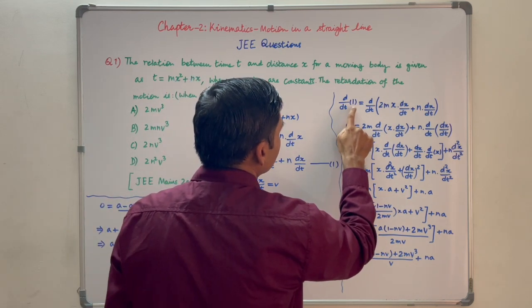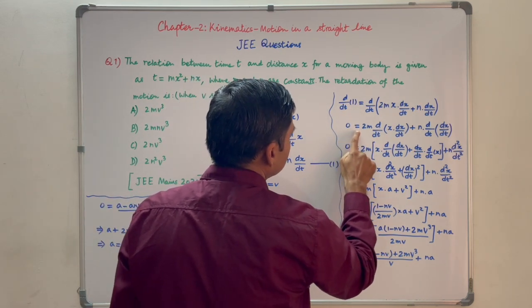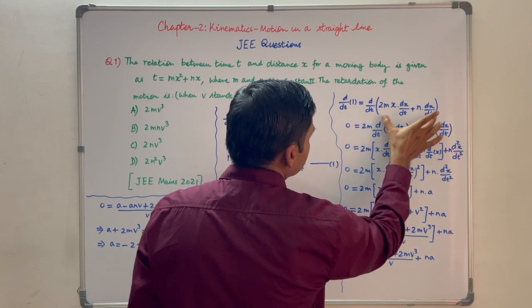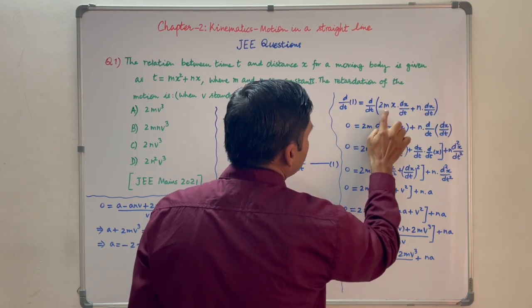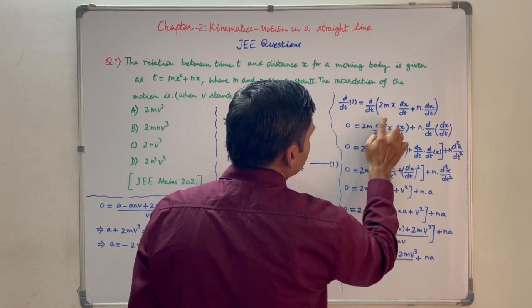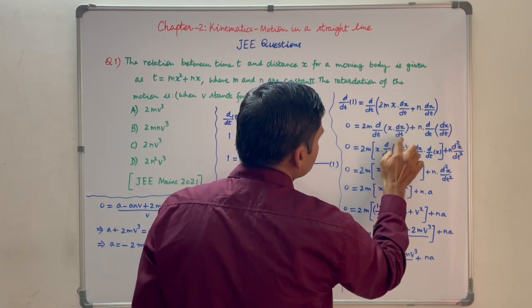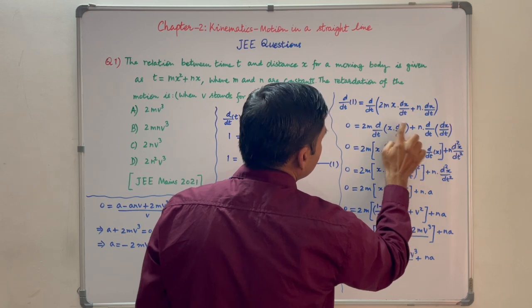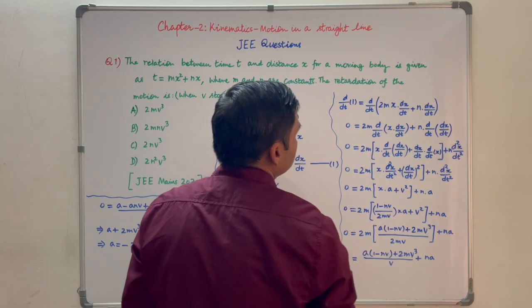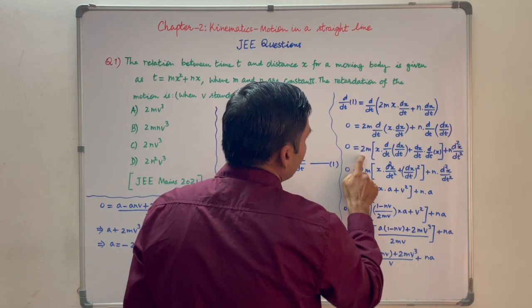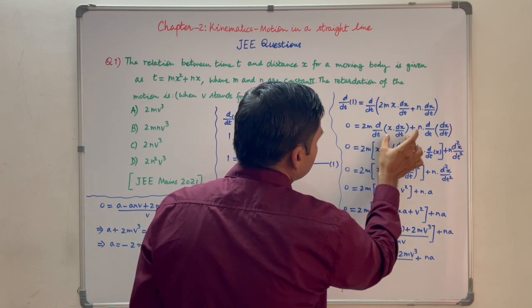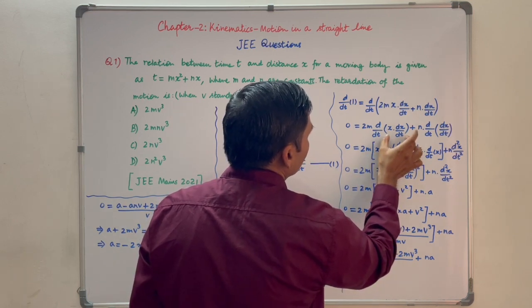So d by dt of constant is equal to 0, which is equal to, now use distributive property again to open this bracket. So it will be 2m d by dt of x into dx by dt plus n into d by dt of dx by dt. So it will be 2m into d by dt of this, which can be done using the chain rule.